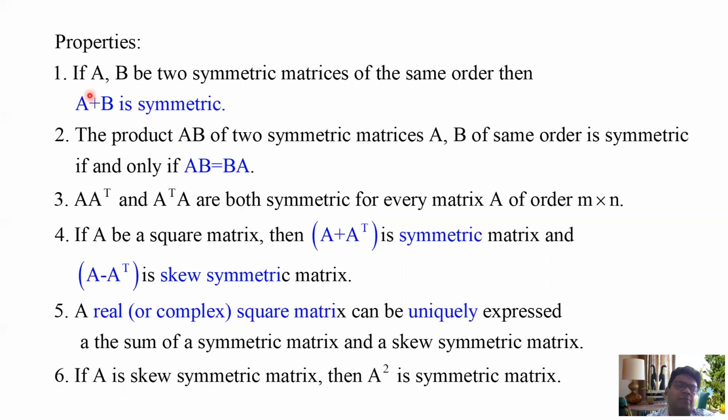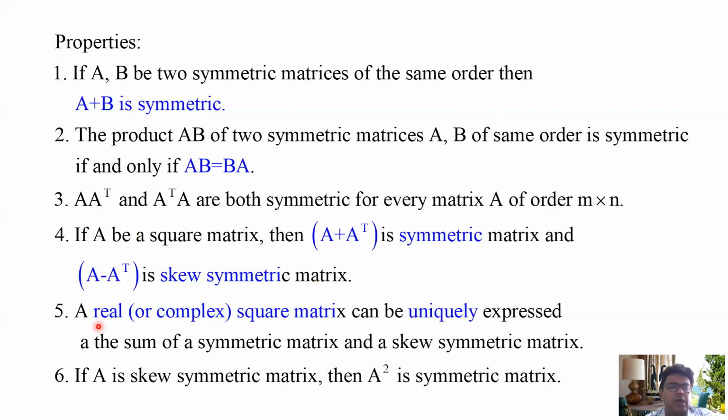I repeat once again from properties, if A and B be two symmetric matrices of the same order, then A plus B is a symmetric matrix. The product AB of two symmetric matrices is also a symmetric matrix if and only if AB is equal to BA. Number 3, A transpose A and A A transpose are both symmetric for every matrix A of order m cross n. Number 4, if A is a square matrix, then A plus A transpose is a symmetric matrix and A minus A transpose is a skew symmetric matrix.